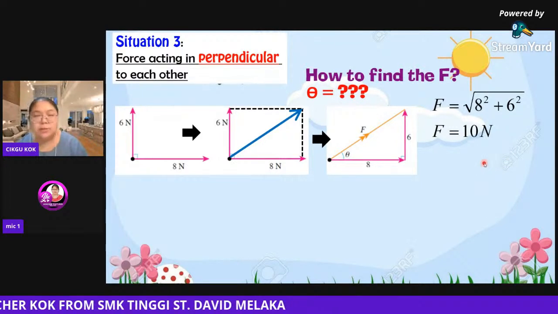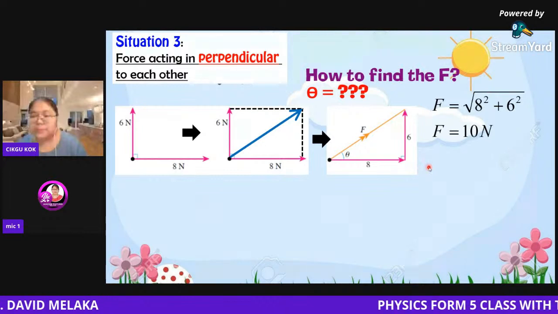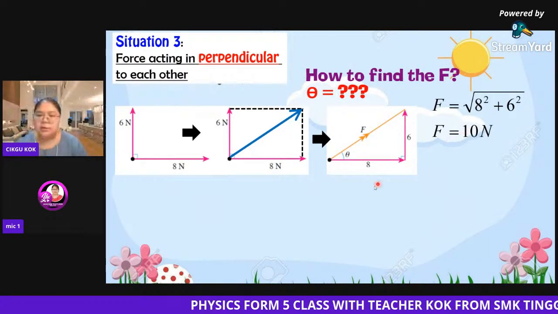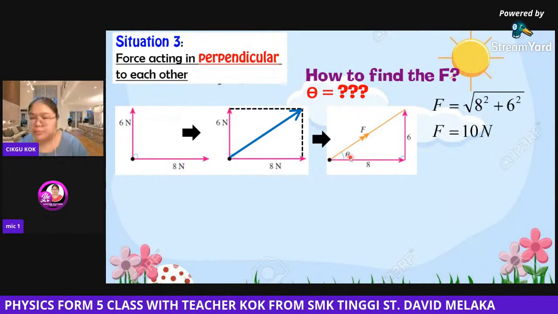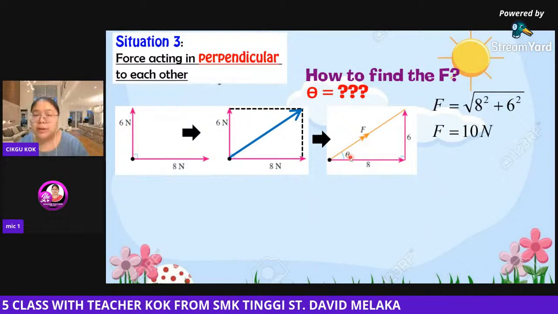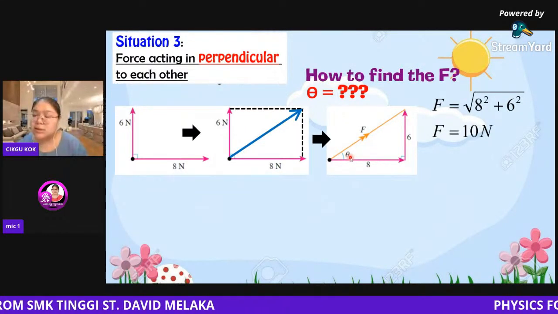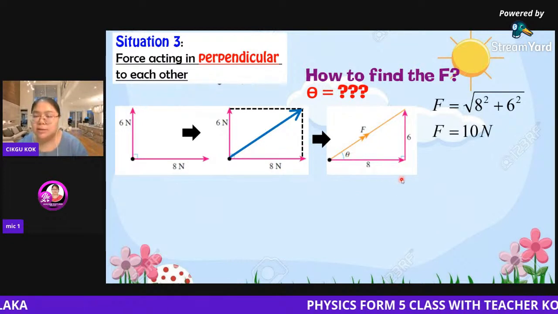Is there any student who can give me the answer for theta or not? Okay, just start here. I also don't know because I'm not yet sure what's the answer for theta. Okay, we got Jessica. Jessica, give me the answer. There's a 36.9. Okay, we see if there are others or not. Other students?